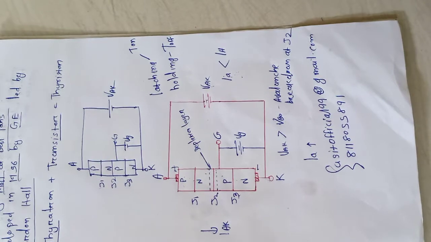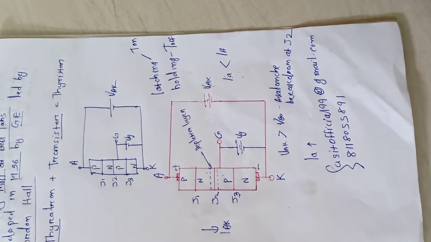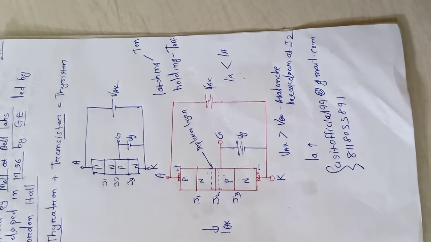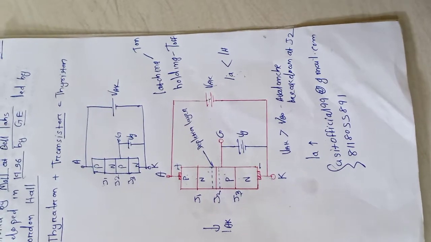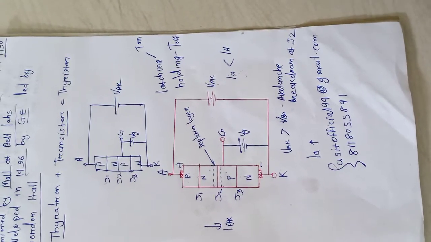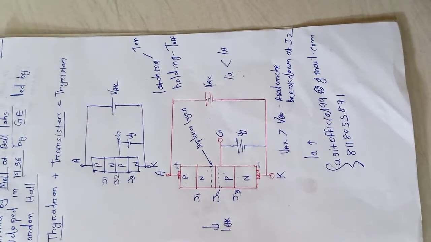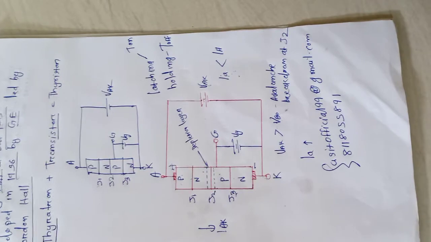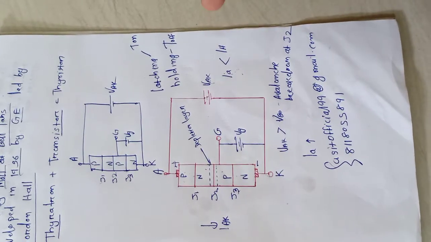So how can we get thousands of volts? Because our supply voltage in the household is 230 volts. So how to reach thousands of volts? We have to connect a transformer, that is a step up transformer. So the system will get bulkier.